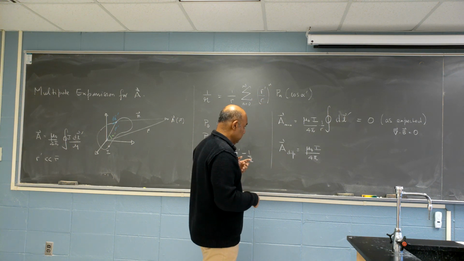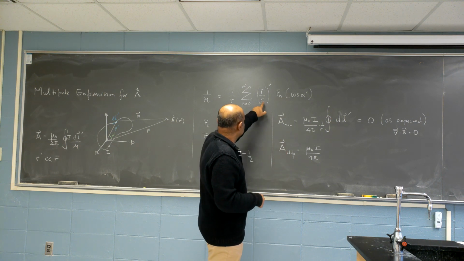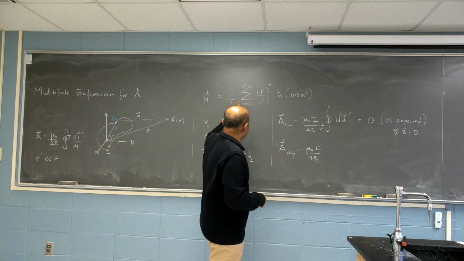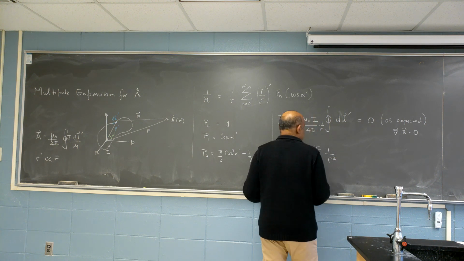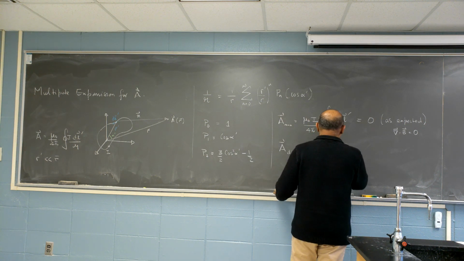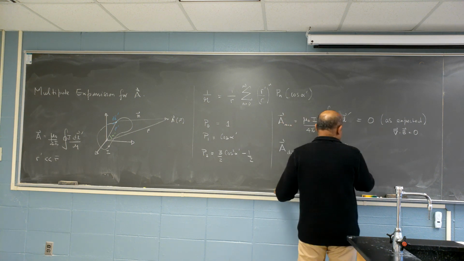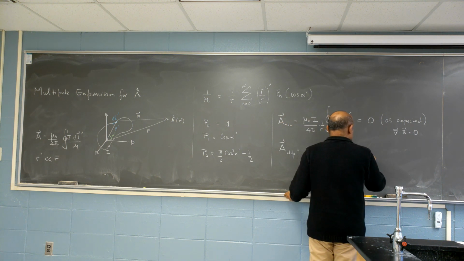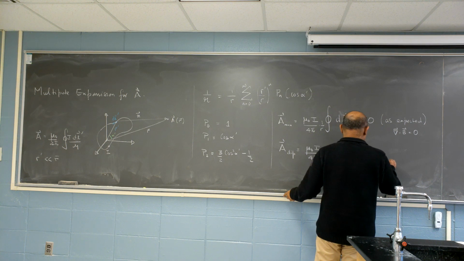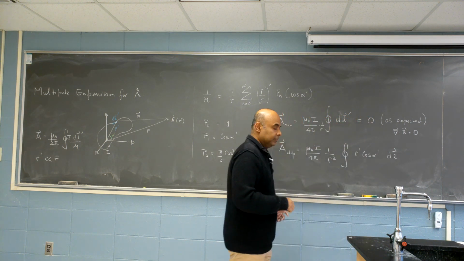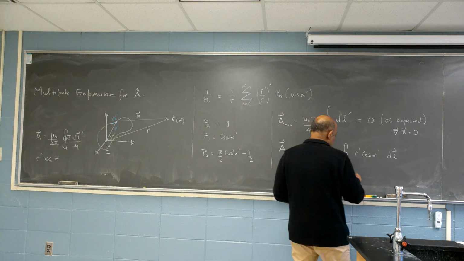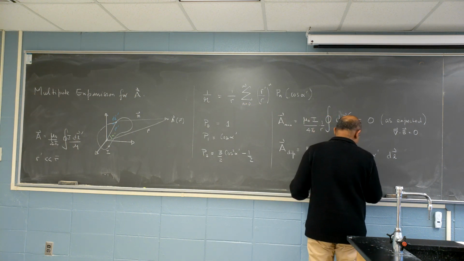And here it's a dipole term, so when n is equal to 1, I'd get 1 over R squared. And then I have R prime cosine alpha prime dl prime. R prime cosine alpha prime can be written as R prime dot R hat.